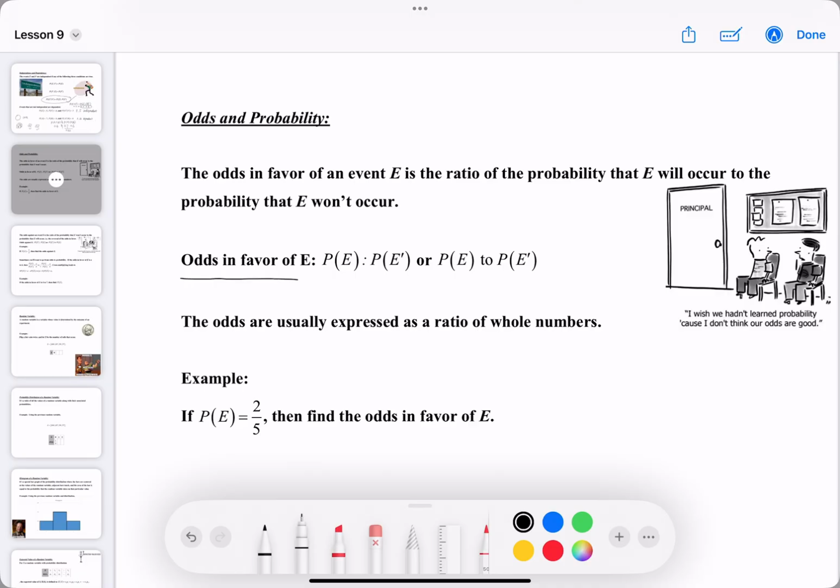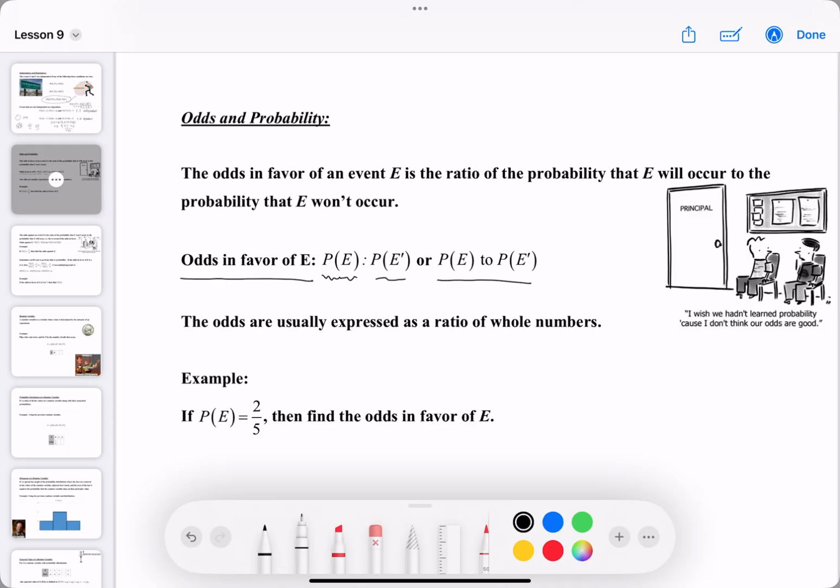Odds in favor of E equals the probability of E occurring to P of E prime. E prime is the event that E will not occur. Or you can write it this way, P of E to P of E prime.